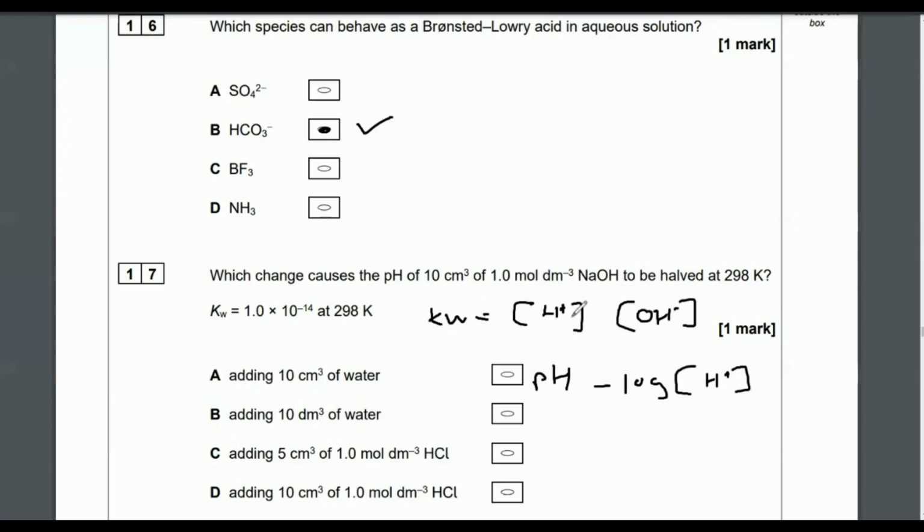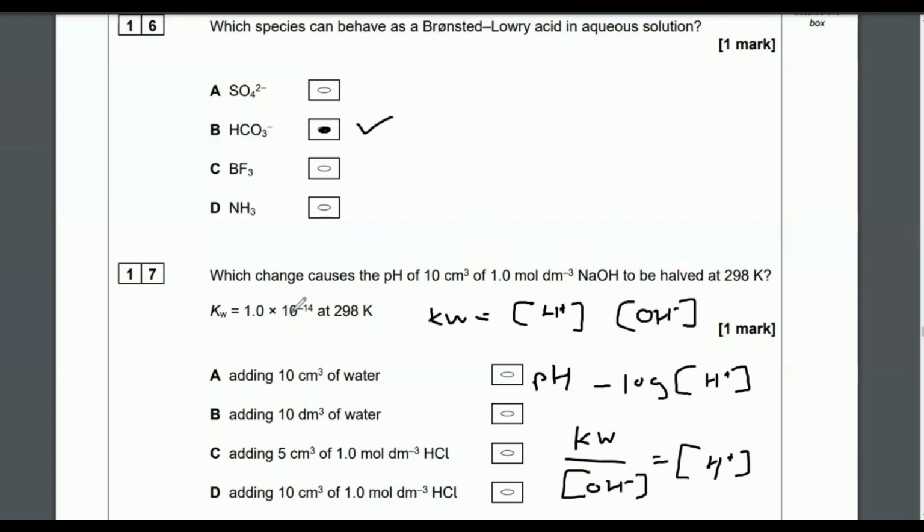Okay, so in order to find H plus, I need to do Kw over the OH minus concentration, and that's going to give me the H plus. So we're going to do that first of all for the original. We've got 10 centimeters cubed of 1 mole per decimeter cubed NaOH. That's going to break down to form 1 mole of OH minus.